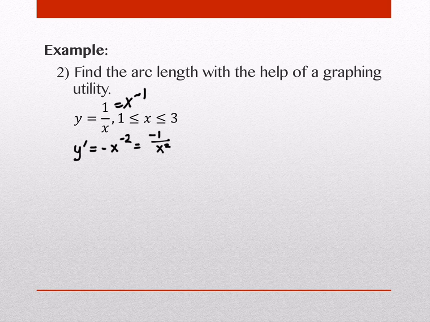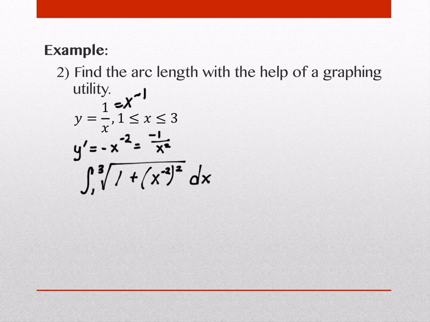Either version of those, right? Okay, so if we're taking a look at this one, and it tells us that we're going from 1 to 3, the square root of 1 plus, and I'm going to leave it as x to the negative 2. It doesn't really matter which one you use, but we're going to put it in our calculator in a minute anyway. It's a little friendlier to use negative exponents than fractional ones.